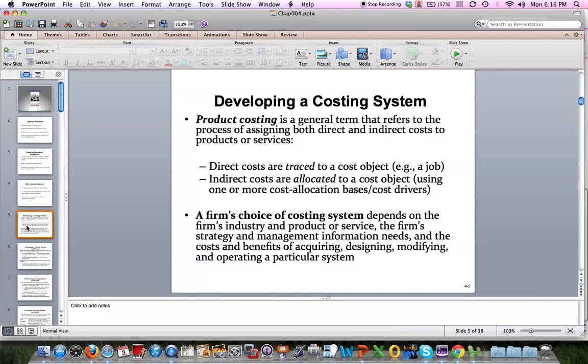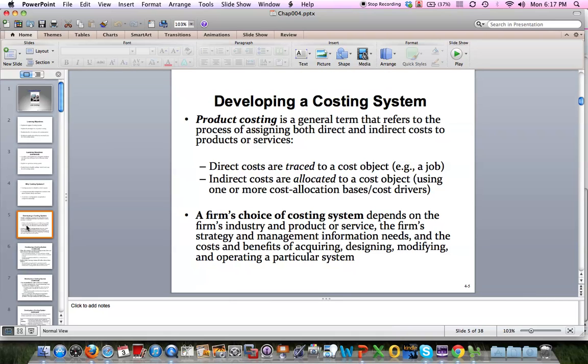Whatever decision a company makes about choosing a system depends on lots of things. What the industry is, what the product or services are that this company is making, the firm's strategy, its information needs for management, and also costs and benefits of acquiring this information or designing or modifying a particular system.